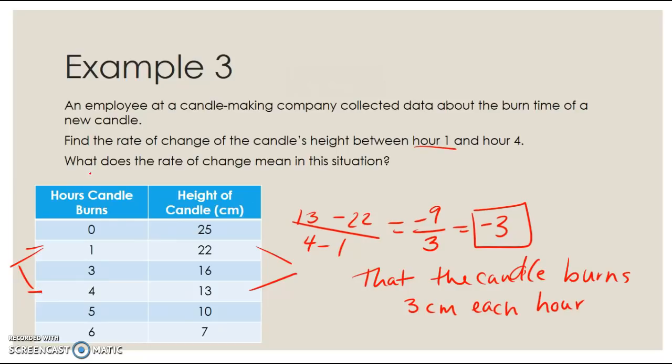Because remember, these are hours. So the candle burns 3 centimeters each hour. That's what this rate of change means. Or you could say that the candle loses 3 centimeters in height each hour. Multiple ways we could write it. But that is the end of section 2.